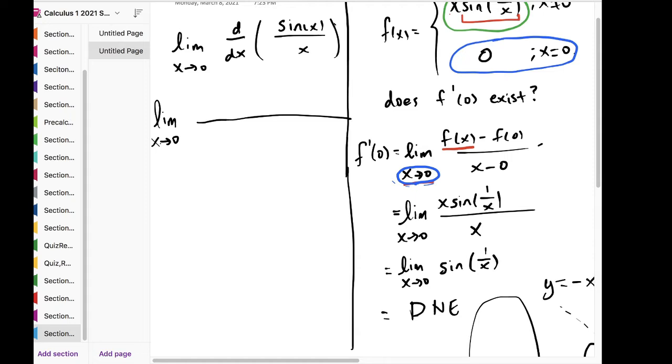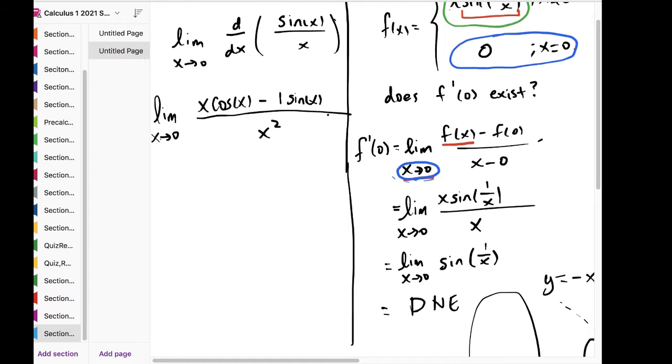That's a product, Andrew. Yeah, the main thing to remember is always take the derivative of the numerator first. So it's the derivative of the numerator, which is cosine, times the denominator, minus the derivative of the denominator, which is 1, times the numerator, over the denominator squared.